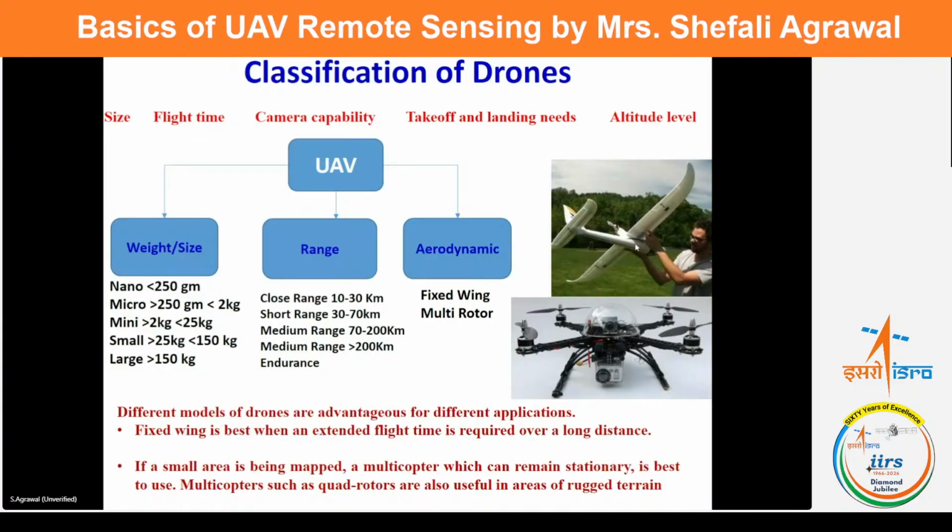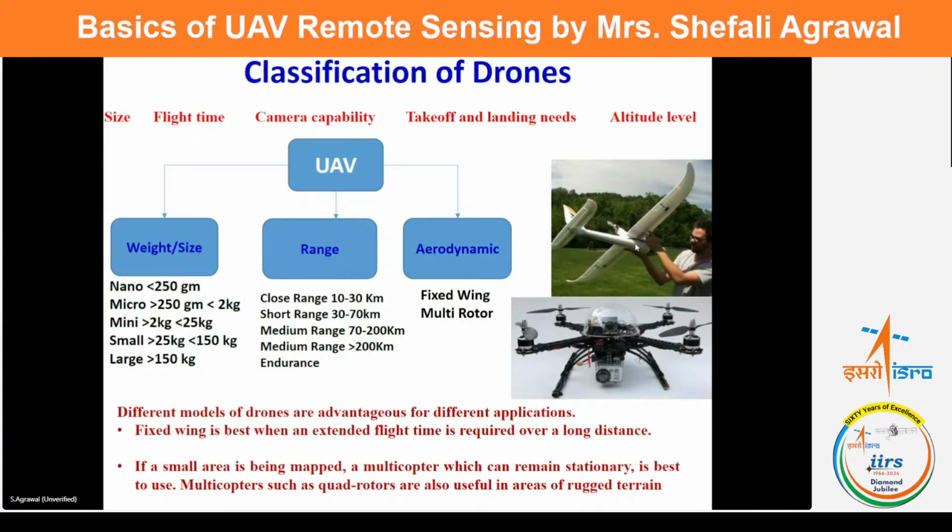For example, if you want to take a 3D model of a building, you can rotate the rotary wings along the 360 degrees of the building and collect the data, whereas the fixed wings can fly only in a straight direction. So they cannot be tilted to any oblique angles. So this is another advantage of the quadcopters.